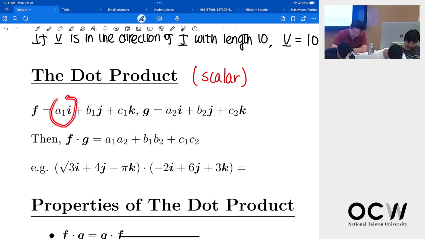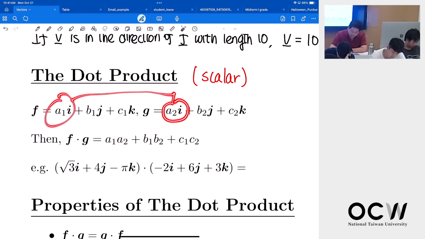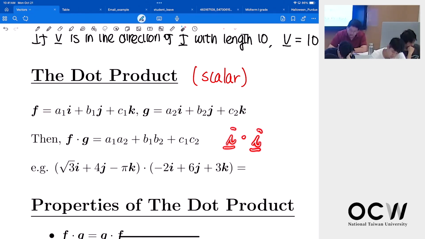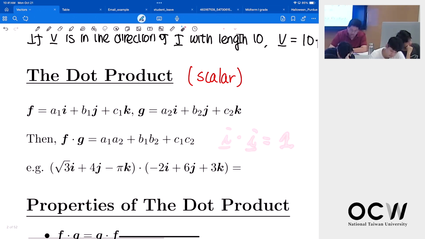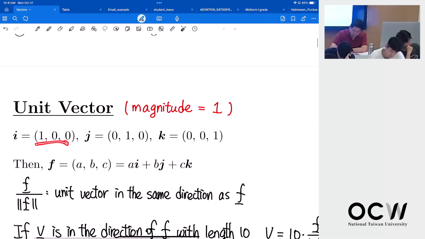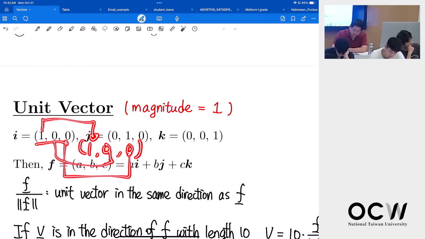The first element times the first element of each vector. I have a1 and a2. And I dot I will be 1, because 1 times 1 is 1. Others will be all zeros.